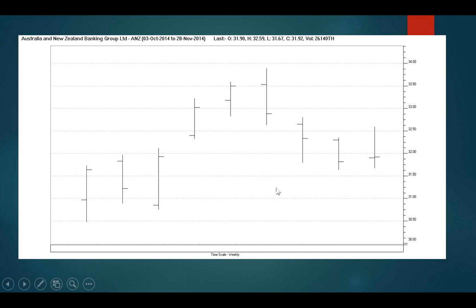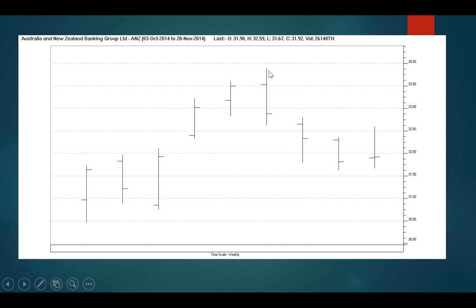The next one we'll move on to is what we call the bar chart. Now the bar chart is quite an interesting little beast, and what is plotted here is, you'll notice up here, this again is weekly, and again we have price on the vertical scale.